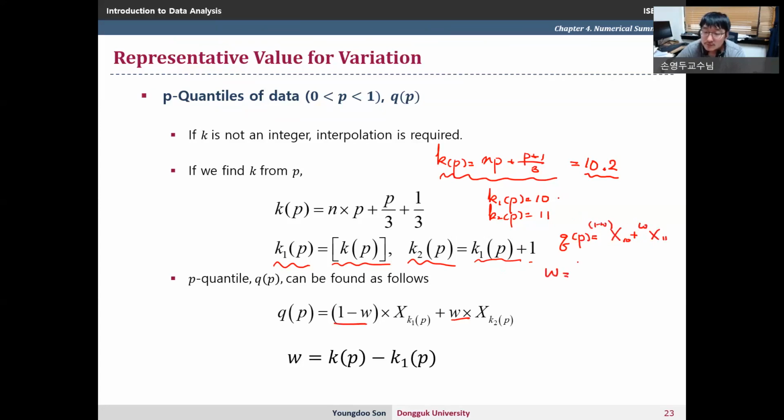And w is defined as the difference between the kp and k1p. Okay. The meaning of these weights is like this. Here's the 10, k1p, and 11, k2p.